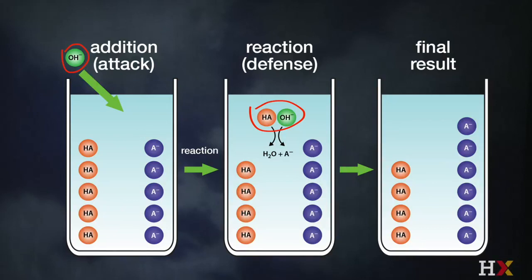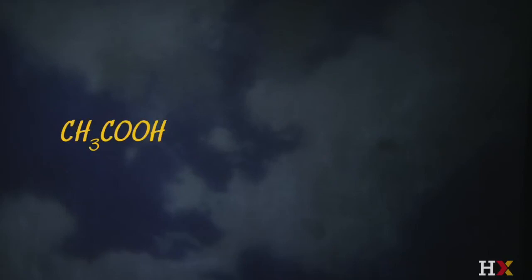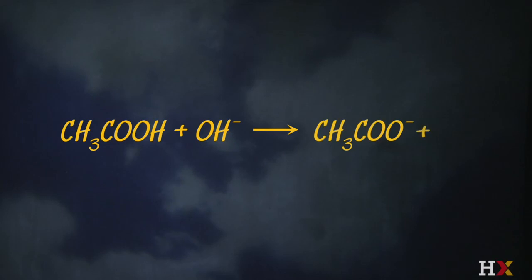And in this case, the base that's invading represents a reaction between the weak acid CH3COOH and the OH-. And when that reaction is executed, we of course form the conjugate base and one more water molecule that disappears into the background in this solution.